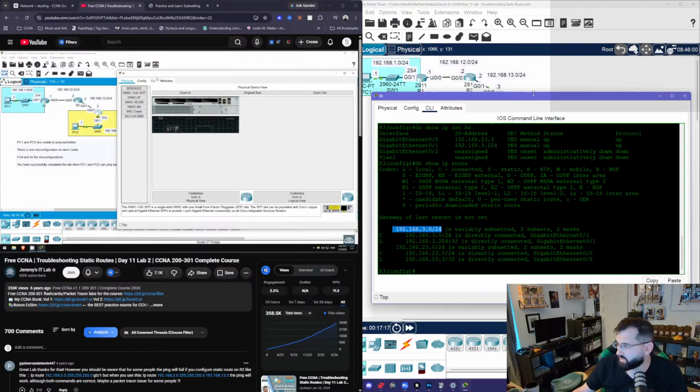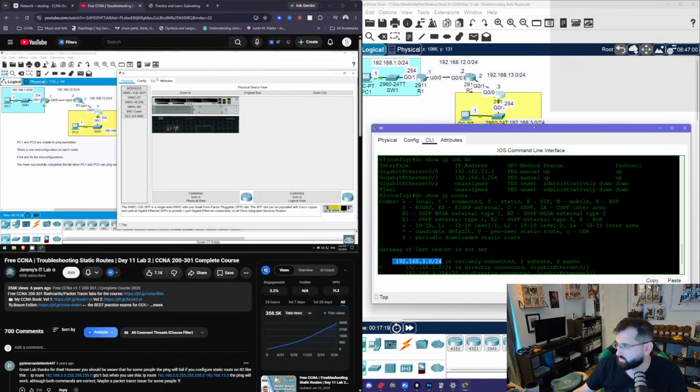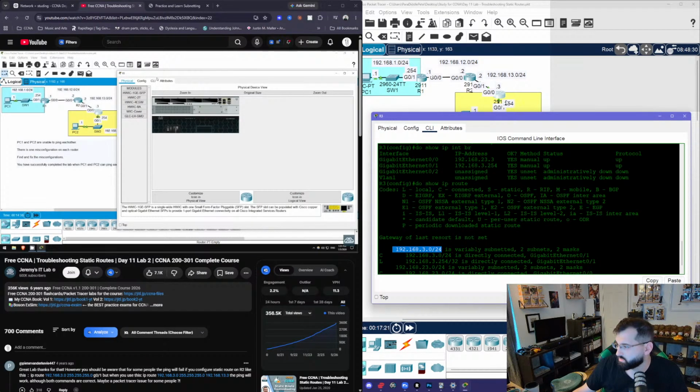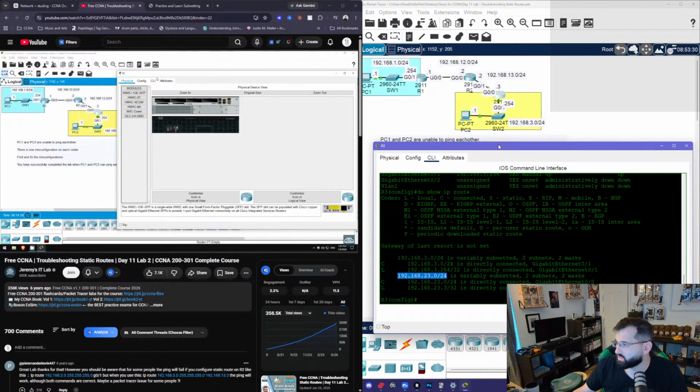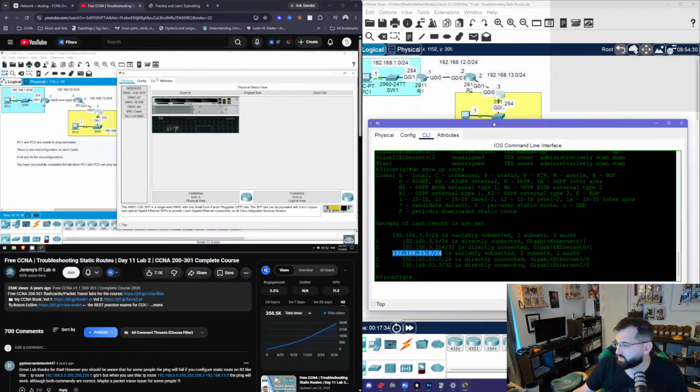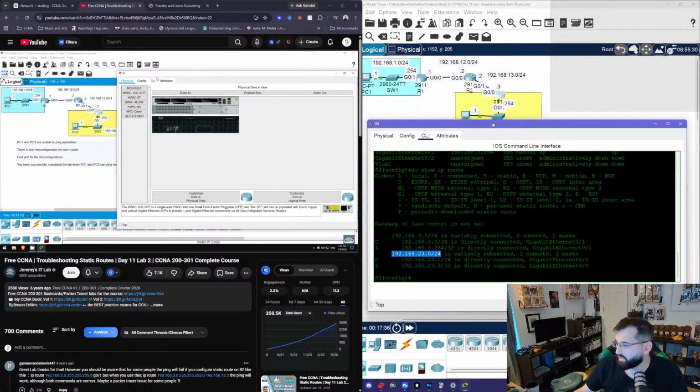Okay, that's where we're going. 0 is out of gigabit 1. 23. Where do we get 23 from?